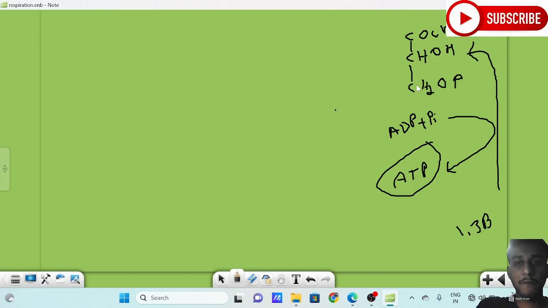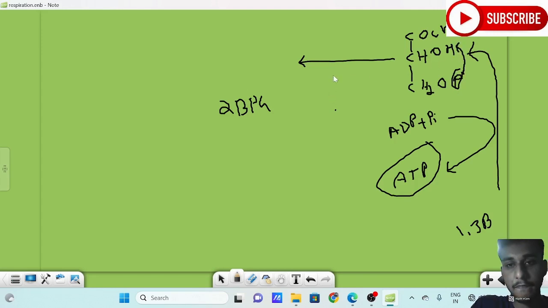From 3-BPG, there is also a step to form 2-BPG, which means this phosphate is just interchanged with the second carbon. So it is with the help of a mutase enzyme. Just write mutase. Mutase enzymes help in shifting the functional groups within the carbon molecule.